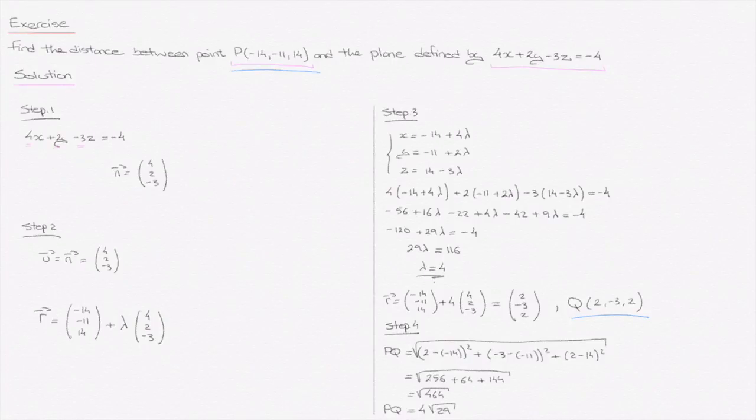And so that's the distance of the point P from the plane. Using our calculator, we find that this is approximately 21.5 units of length. And there we go. That's how we find the distance of a point P from a plane in 3 dimensions.